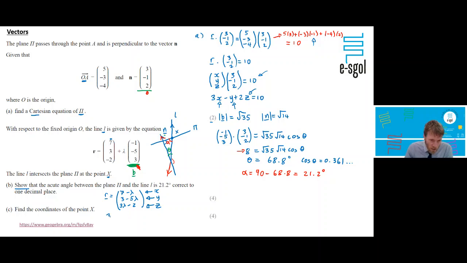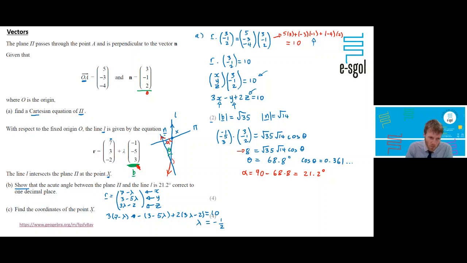We get 3 times the x coordinate, which is 7 minus lambda, then, oh no, sorry, it's not plus, scribble that out, it's minus, 3 minus 5 lambda, plus 2 times 3 lambda minus 2, and that equals 10. If you sort this out, you will get lambda equals -1/2.